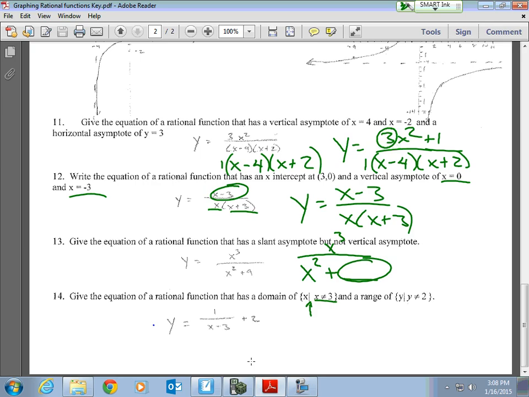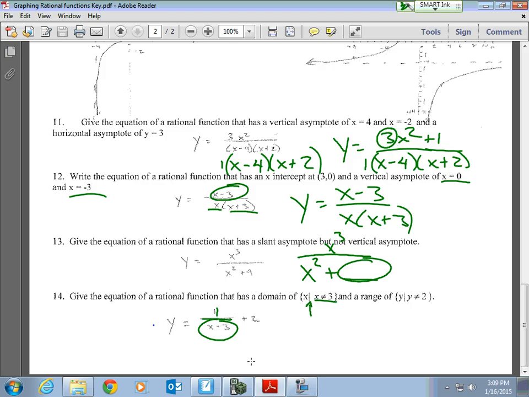What does that look like on a graph? If x can't be 3, what does that look like? That means I have a vertical asymptote at 3, right? Vertical asymptotes occur when x can't be that value. So x can't be 3. So a vertical asymptote at 3 means I have 1 over x minus 3.